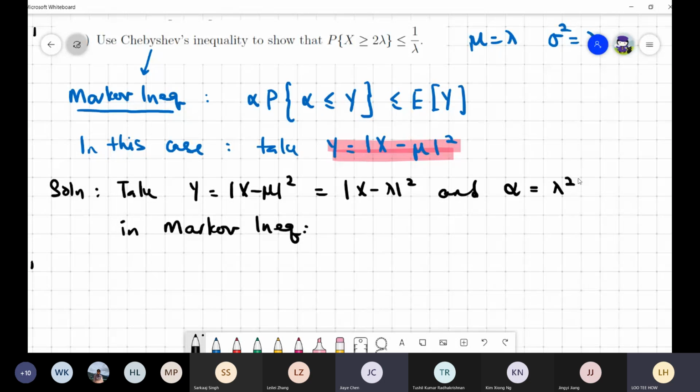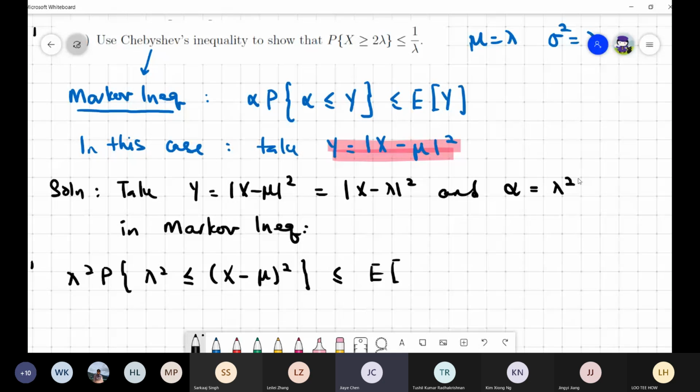Then I'm going to have lambda squared times P of lambda squared less than or equal to x minus lambda squared expectation. Okay, this is the case here.